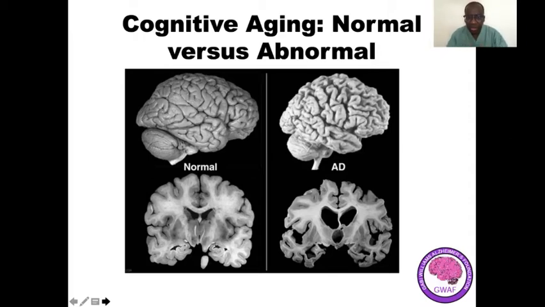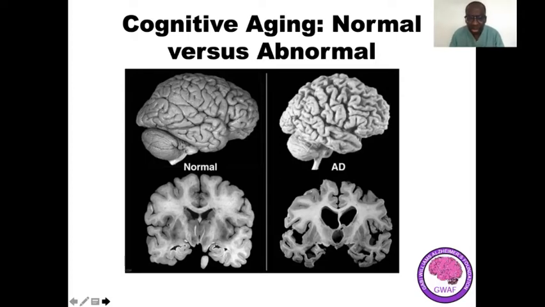The reason for this atrophy that you see on this slide is because of what we refer to as neurodegeneration, which is when the brain cells begin to degenerate. They begin to die off. And once that dying off process begins, it reaches a critical threshold after which the individual starts to exhibit symptoms of dementia.